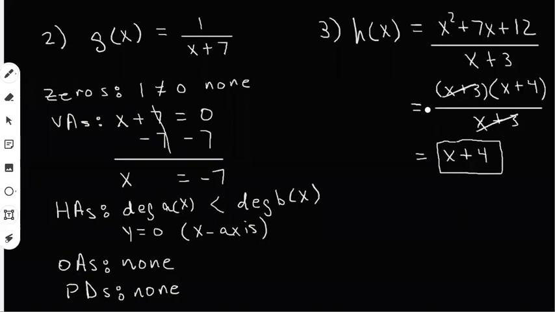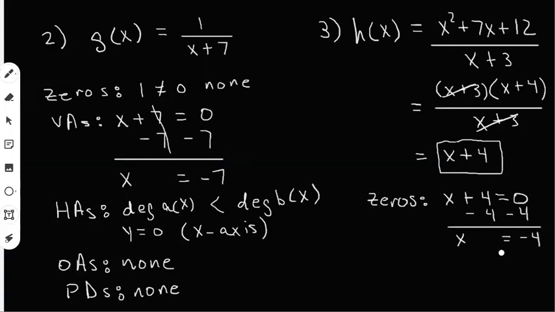Okay, the first thing I want to do is find all the zeros. That means I need to set the top equal to 0. Well, we're in luck. We only have a top. When I set x plus 4 equal to 0, what happens? I subtract 4 on both sides, and I get x equals negative 4.